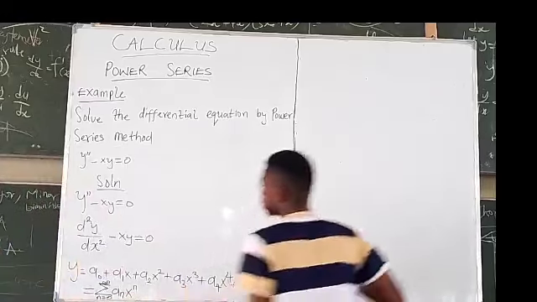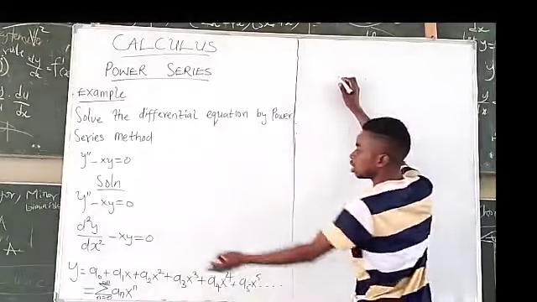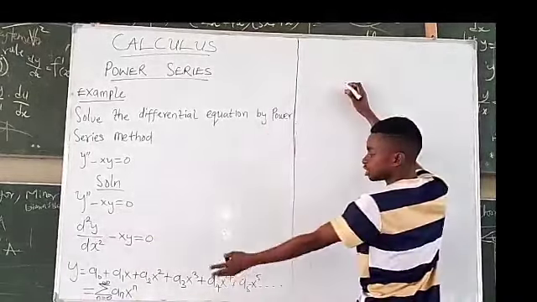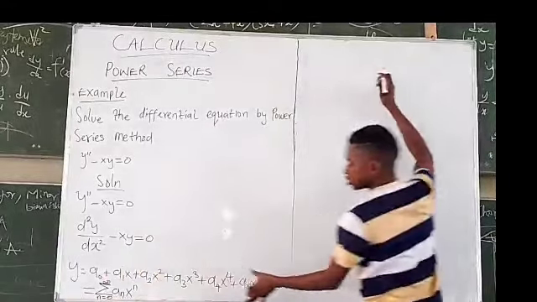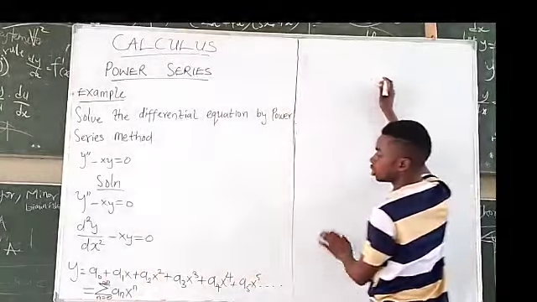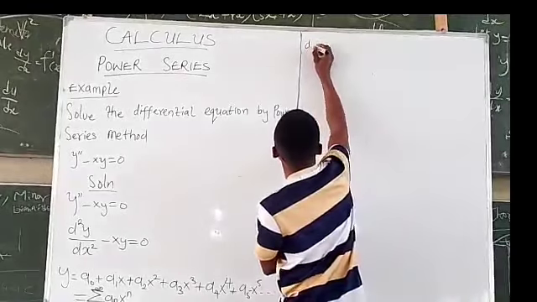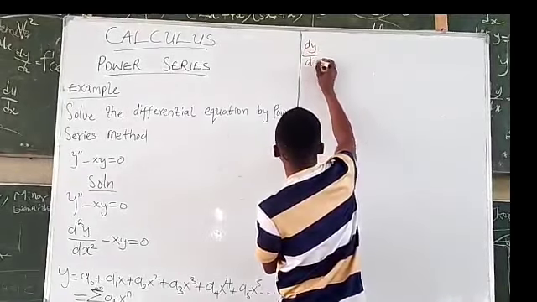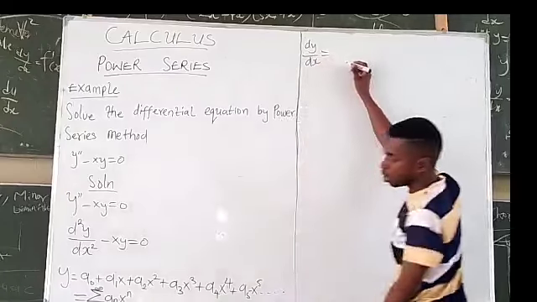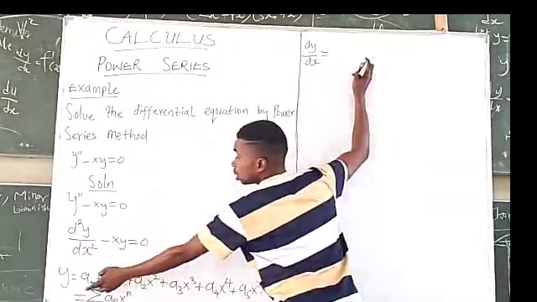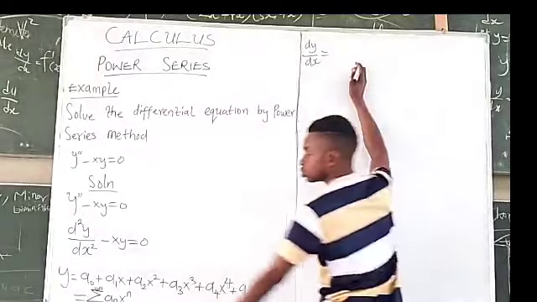Since we are looking for the second order, we are going to differentiate this twice. So the next one becomes dy/dx. Differentiating a0, we get 0, so we start with 0.